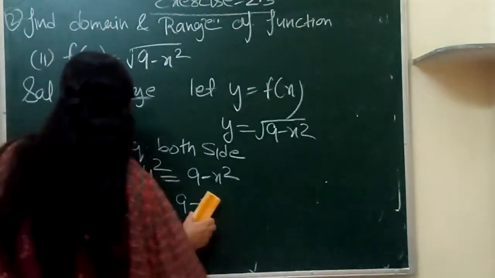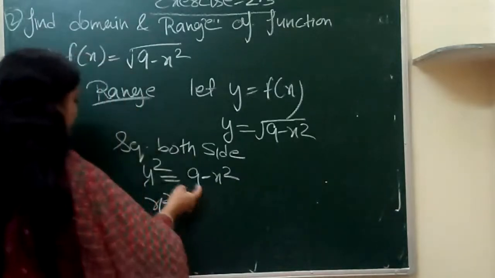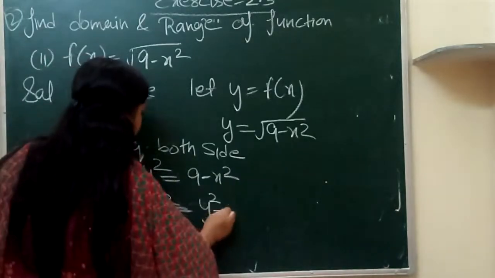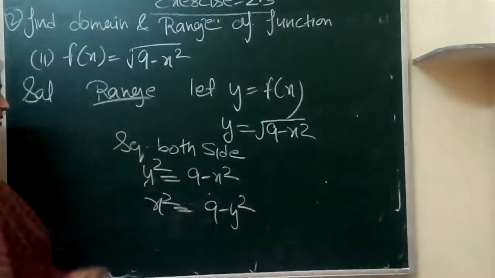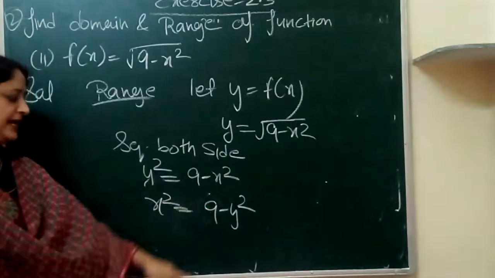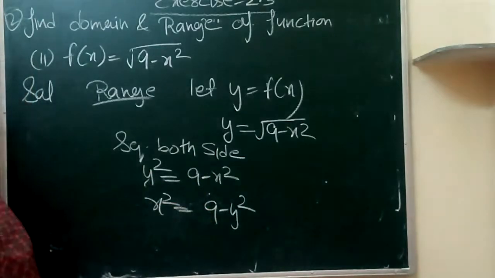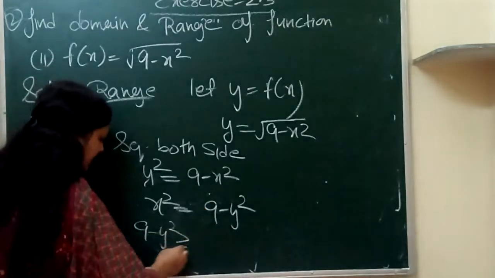We can take the value of x. The value of x square will come 9 minus y square. After that, we take 9 minus y square greater than or equal to 0.